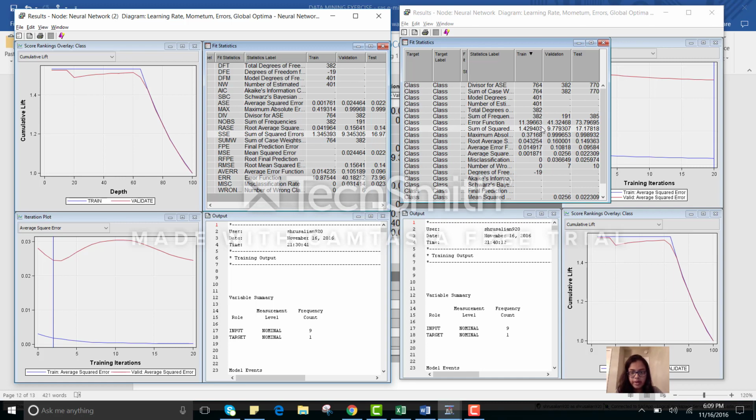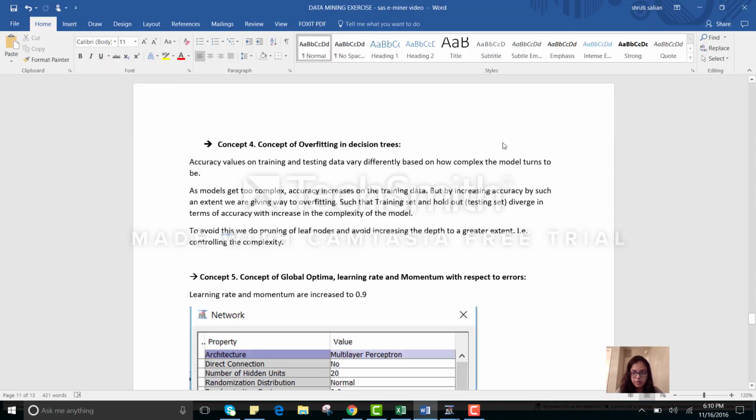As we can see, for the higher learning rate, we have a lesser sum of squared errors, lesser values for the misclassification, and also lesser values for maximum absolute error. Hence, we can see that the higher learning rate and momentum give us a better optima, global optima, and better error rates.